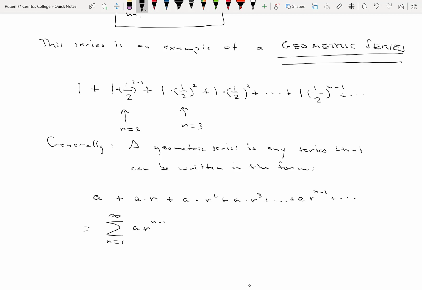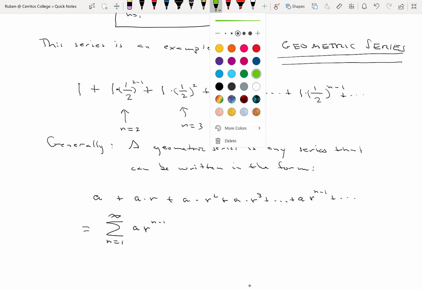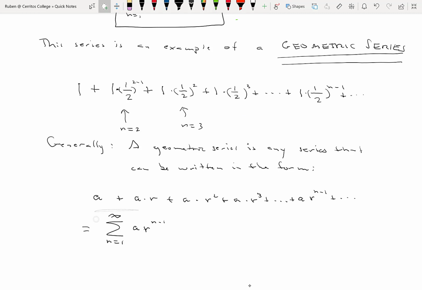This is something that you're going to want to remember. This is the most important series in our course, and the reason why that's true is going to become apparent to you as we get through these sections. So I'm trying to highlight the geometric series in a different color.